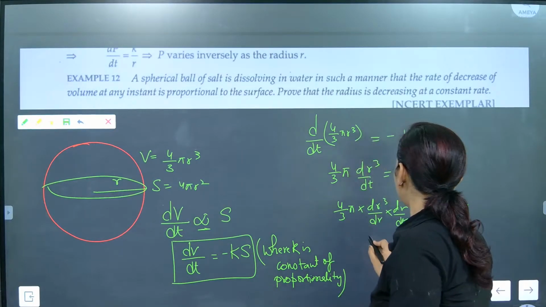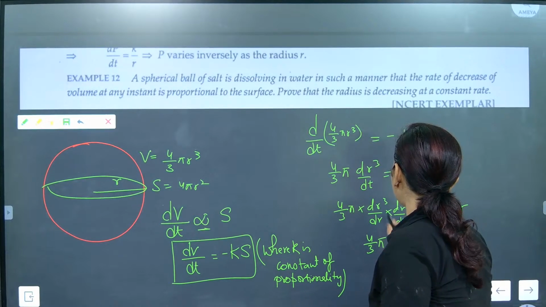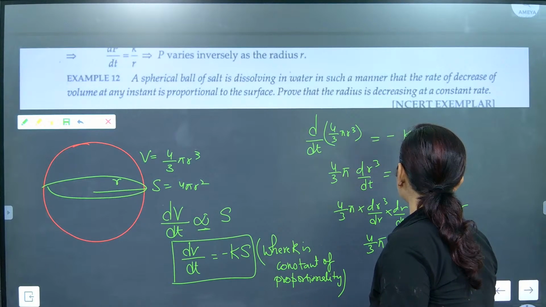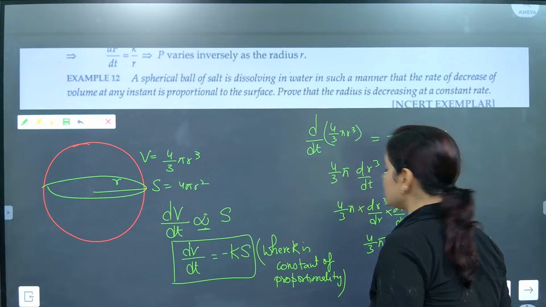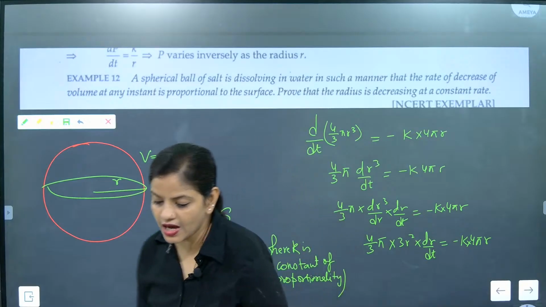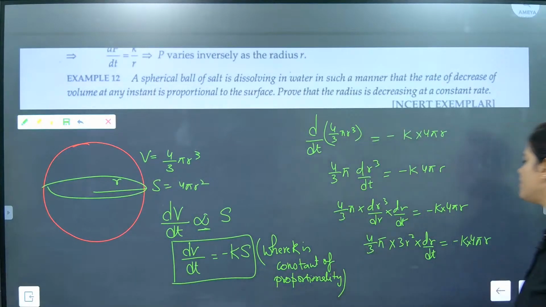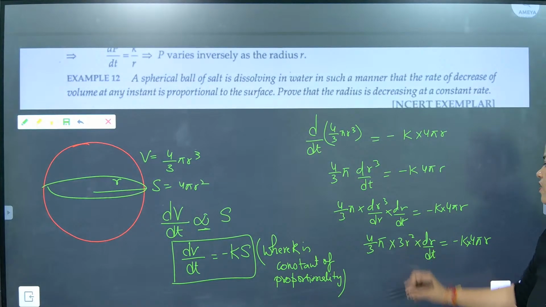Now beta, here we will be writing 4 by 3 pi into 3r square into dr by dt is equal to minus k into 4 pi r square. So once we have written till here, now let's see what all gets cancelled.